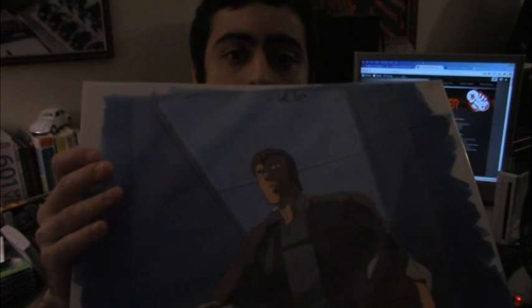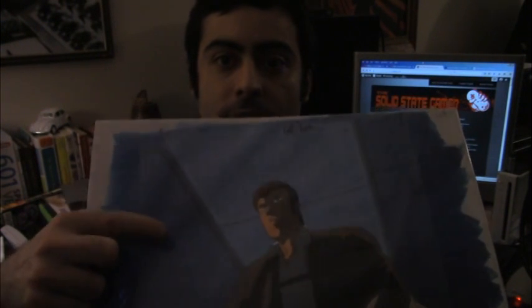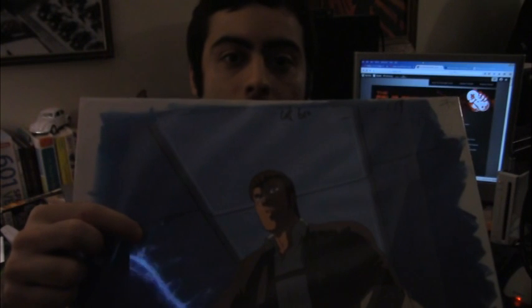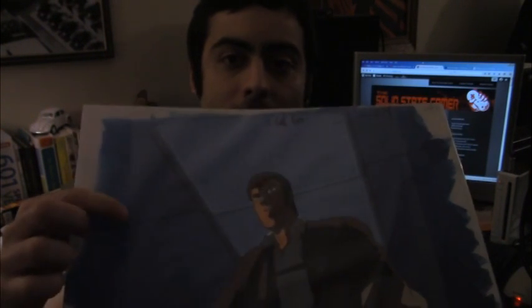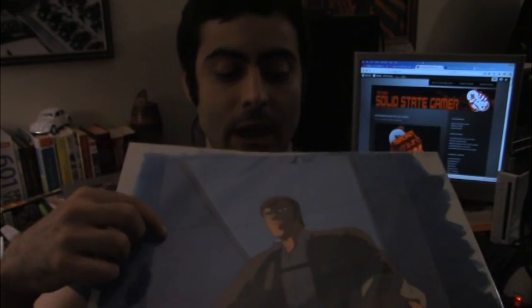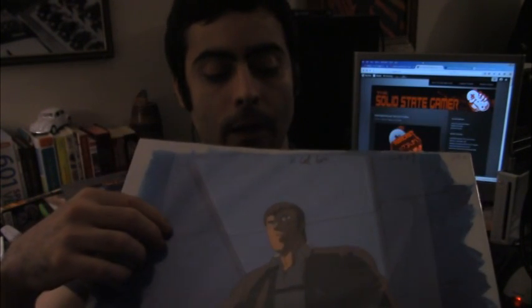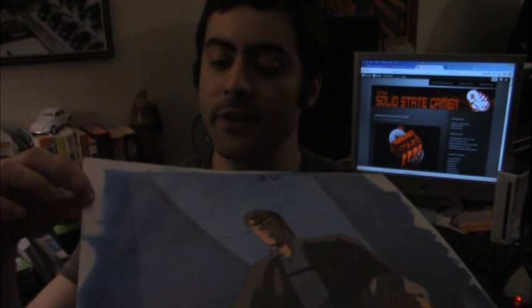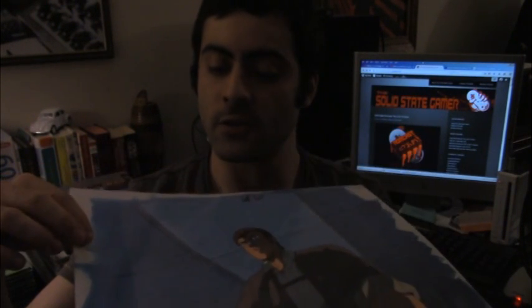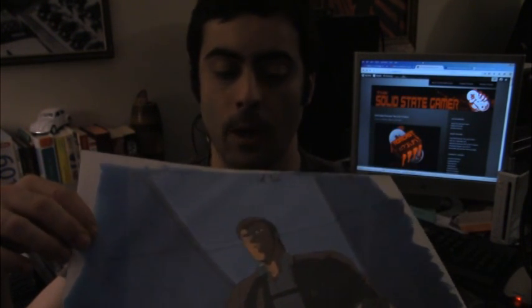This is a production cell of one of the main characters from the Bubblegum Crisis series, the original OVA. Specifically, this character is named Inspector Leon McNichol, and he's being seen from a downward angle looking up. You can see that this cell is very special for a couple of reasons.